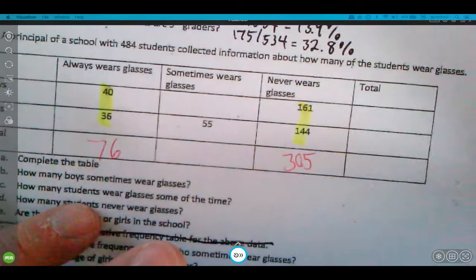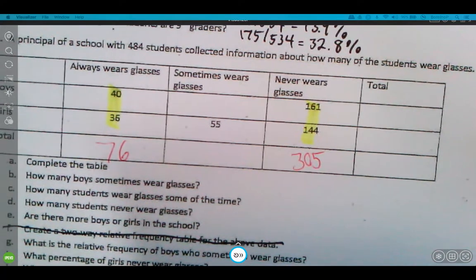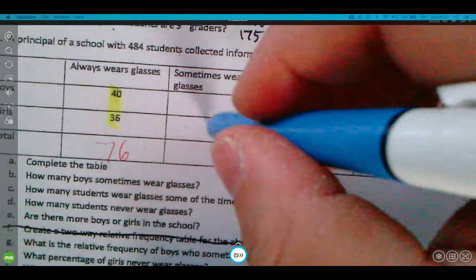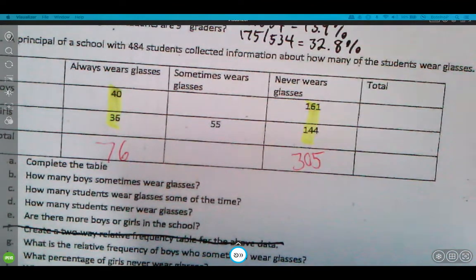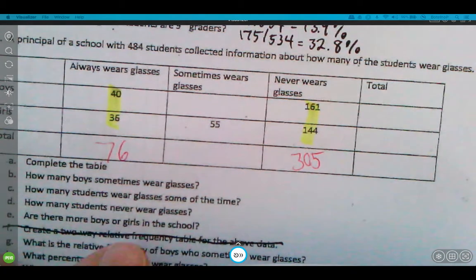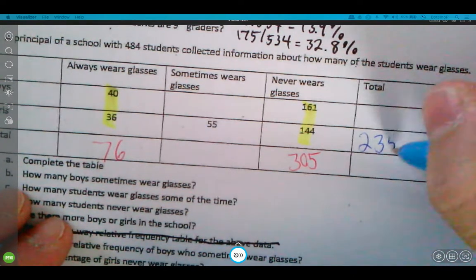Does anyone see another set of numbers I can add to get a total? I was thinking these three numbers going this way. I'll put that answer in blue, so that would be 36 plus 55 plus 144. So that's 235 here.